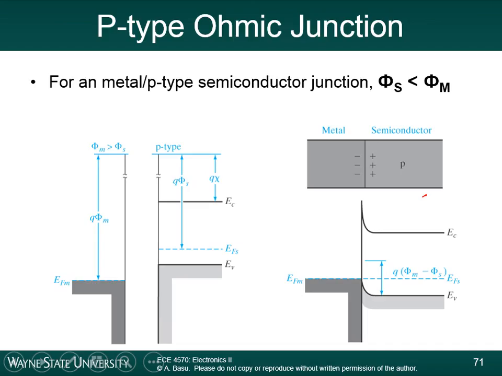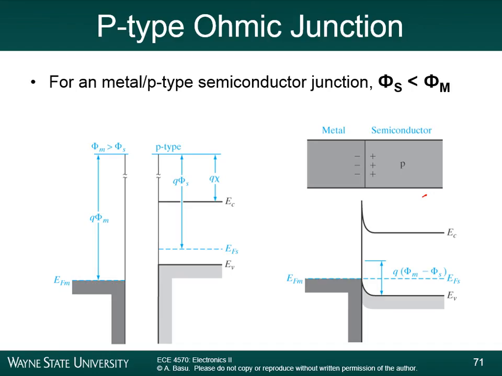Now, sometimes we can't always just add a different metal into our semiconductor process. Let's say we're working with copper, right? And we can't just change out the metal for a different one with a different work function without significantly changing the expenses and the infrastructure required to work with a new type of metal, right?